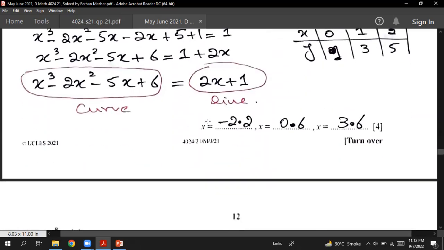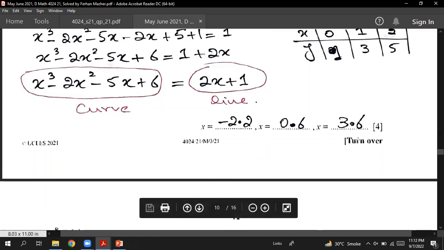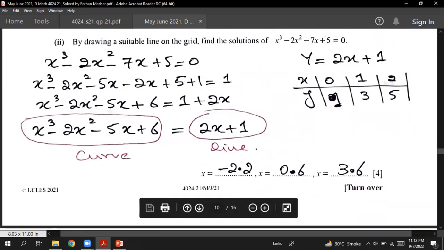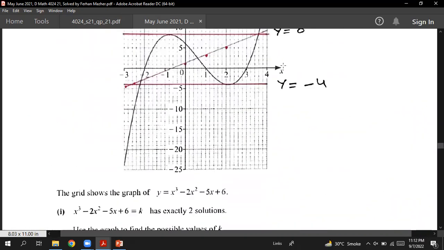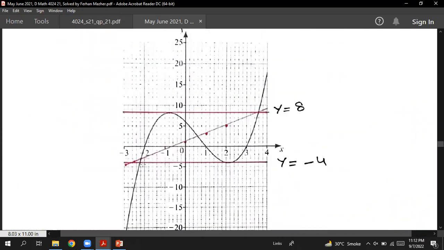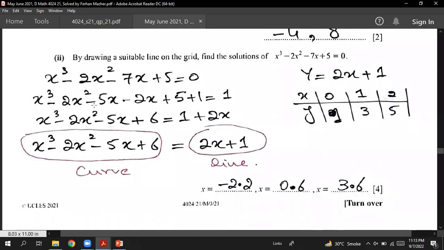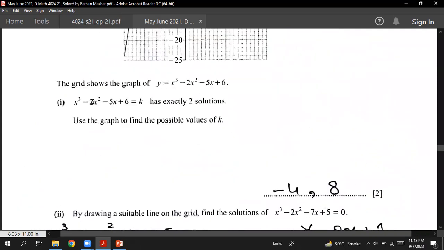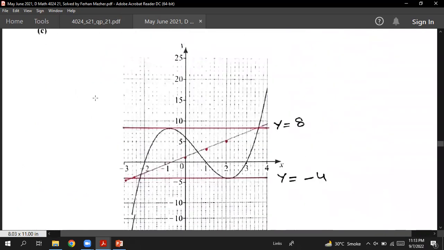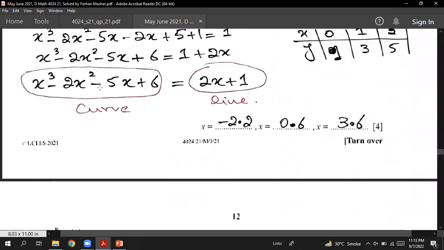When I check, it's x equals minus 2.5, 0.6, and 3.6. So wherever this straight line cuts the original graph, at 3 points, I noted down the value of x at those 3 points, and that is the solution. So this is how you do this second part of the C part of question number 7.